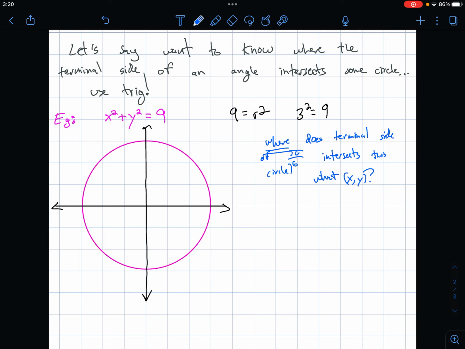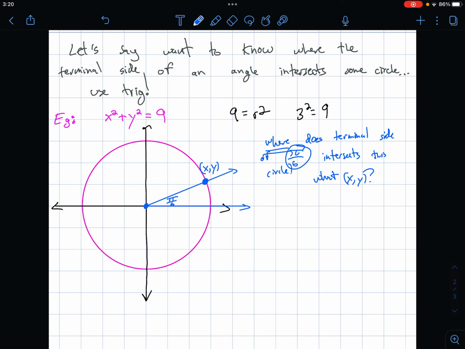So let's go ahead and draw this angle pi over 6. That's 30 degrees. So I'm going to start with my initial side fixed to the positive x-axis, and a 30-degree angle might look a little something like this, and I'll label it pi over 6. And the question is really, where am I intersecting my circle? What is my x and my y?